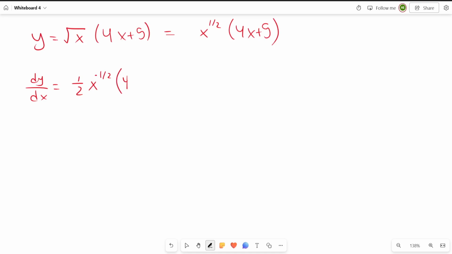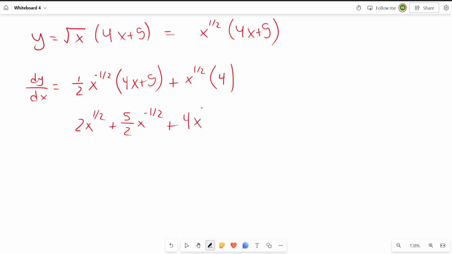Then I multiply that to g of x, which is 4x plus 5, and then I add f of x, which is x power half, multiply g dash of x, which is basically 4. So when I simplify, half times 4 is 2, x power negative half times x, so negative half plus 1 is basically half, or 1 over 2, plus half x power negative half times 5 is basically 5 over 2 x power negative half, and then we have a 4x power half.